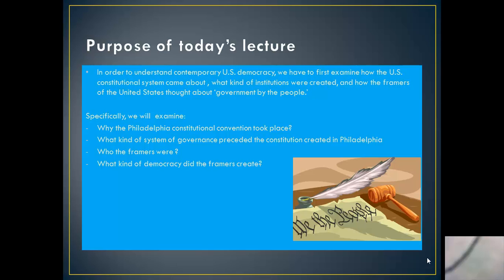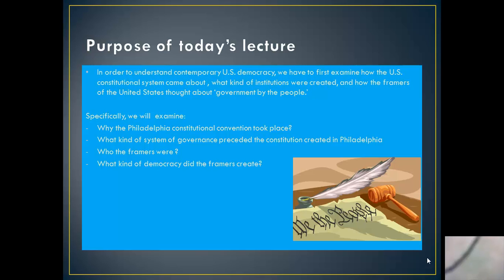So today we are going to examine how the system came about, what kind of institutions were created, and how the framers of the United States thought about government by the people. So specifically, we are going to ask the question, why did the Philadelphia Constitutional Convention take place?